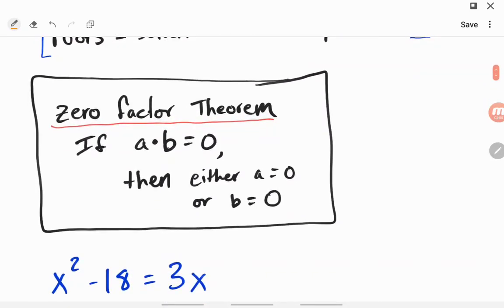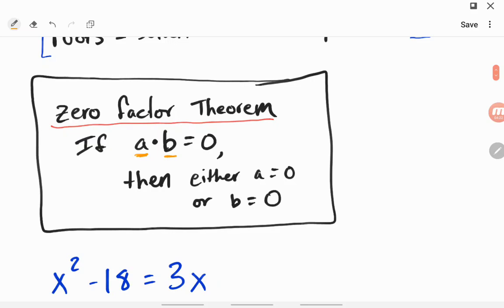Okay, so the zero factor theorem is a theorem that you aren't going to need to be able to repeat word for word or anything like that, but it gives you the idea behind why we're able to do what we do, right? And this reads, if you've got two things that are multiplying together to give you 0, in this case, we've got A times B, and they equal 0.